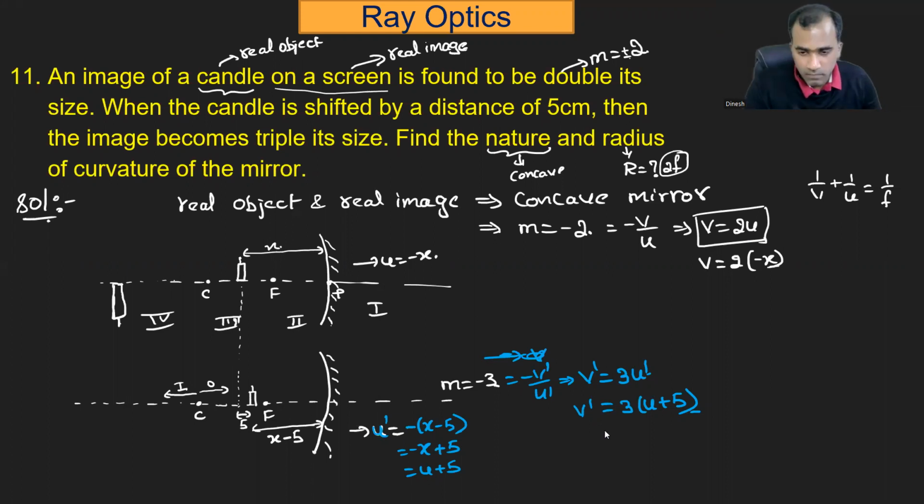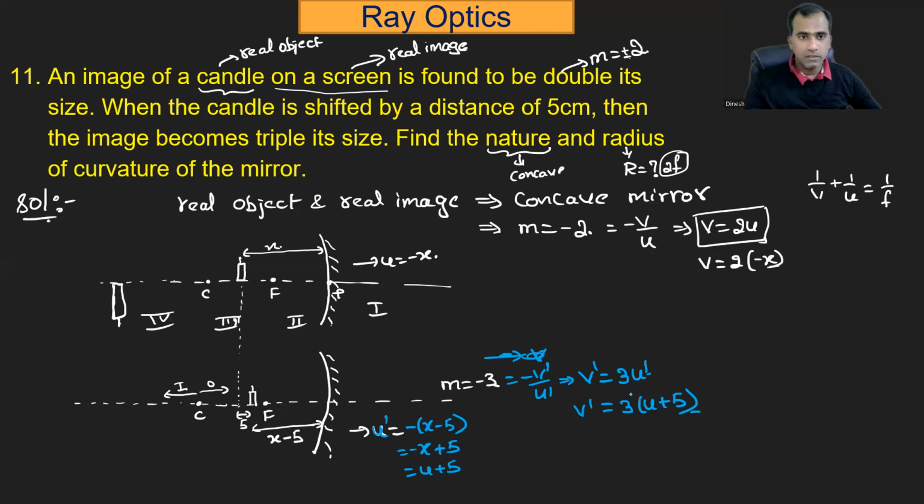So we got v dash. So I think we have to eliminate this v dash. There are two variables and two equations. We can solve them and get the final values.